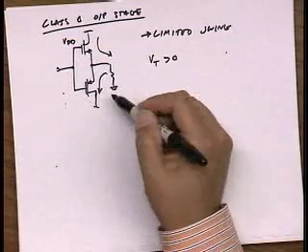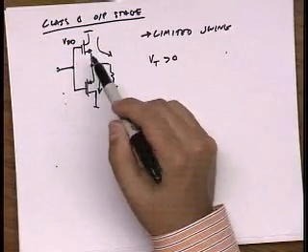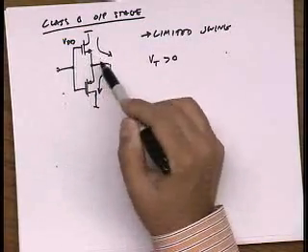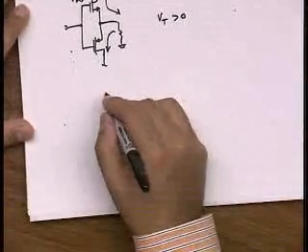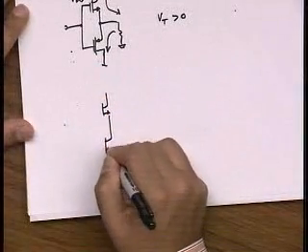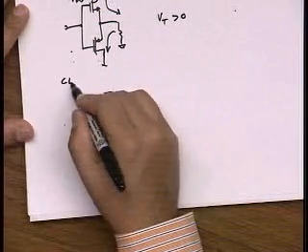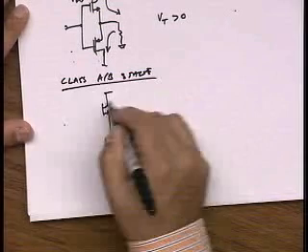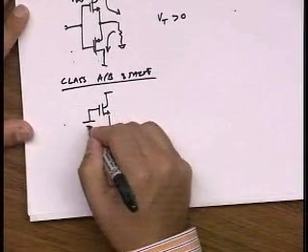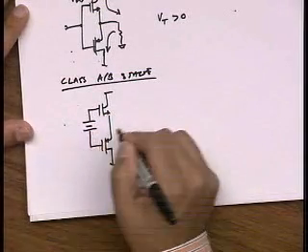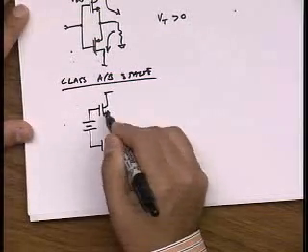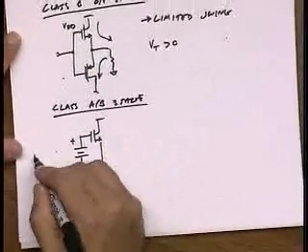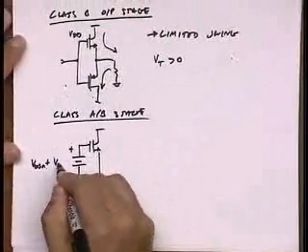Also, this has the same problem as the bipolar counterpart in that these devices only turn on when the input is sufficiently large. An easy fix is to make it a class AB stage. In other words, we're going to connect a little battery here. This battery sees a total of 2 VGS across it, VGS-N plus VGS-P.